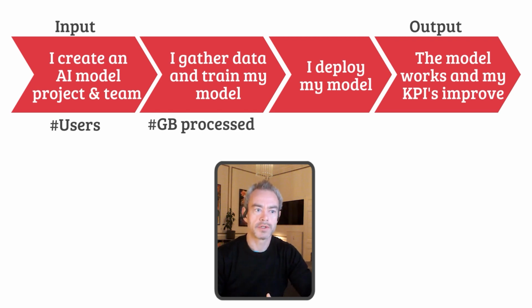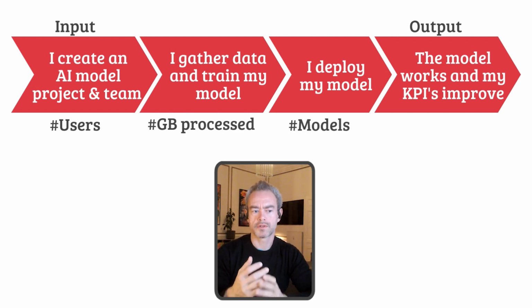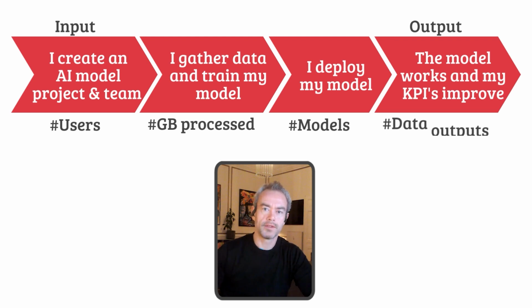Then we will be able to measure the number of models total, and then the number of models deployed, which is a subset of total models. And then at the final end, maybe we measure some sort of output. In the previous video, I talked about operational viability. If you list all of these different measurements that you could make at each of these steps in the value chain, you'll quickly find out that some of them are not operationally viable.